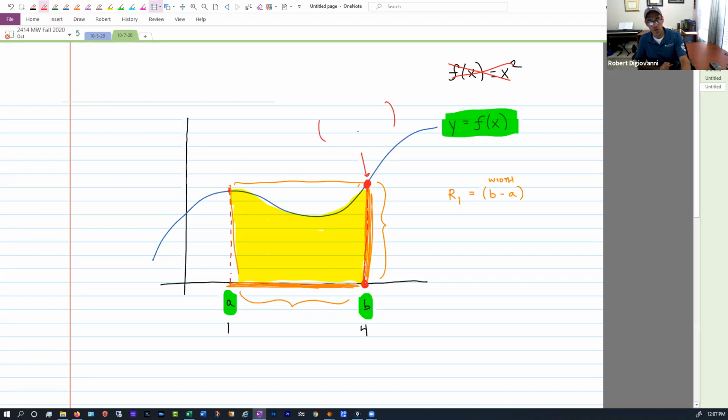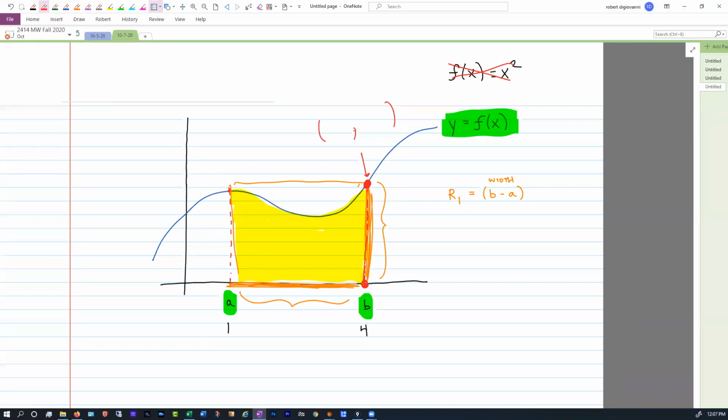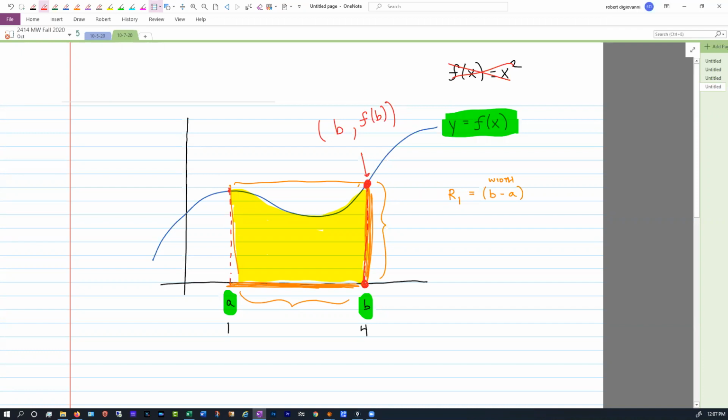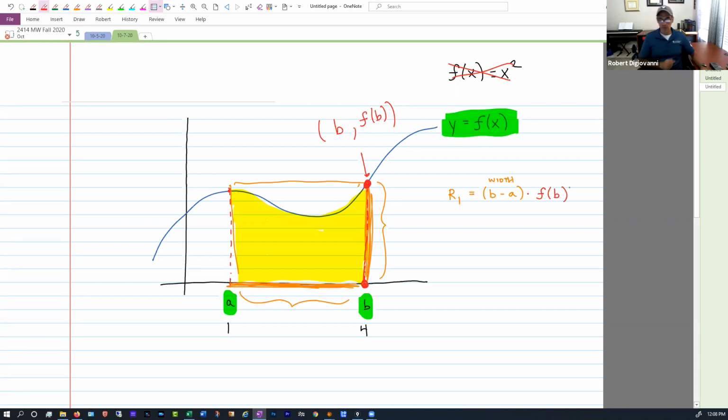If I asked you for the coordinates of that point, can you tell me? It'll be B, B got plugged in, and what got spit out? Y, which is the function's value at B, right? It's whatever the function is at B. We don't know the function, but that's what it is, right? So I'm going to put here times f of B. All right, do we have a formula?